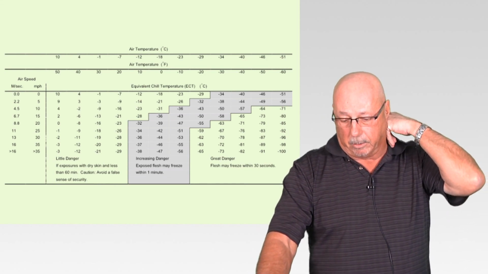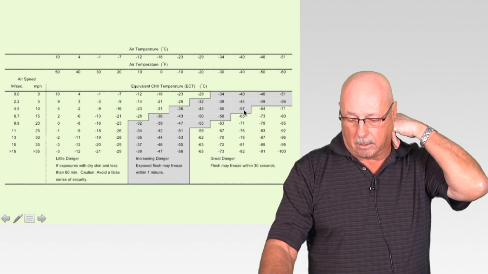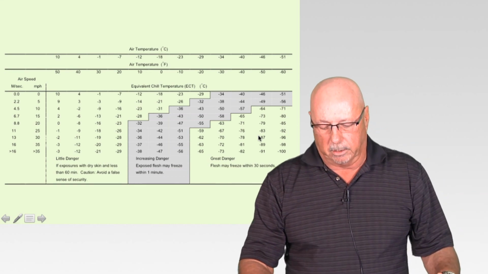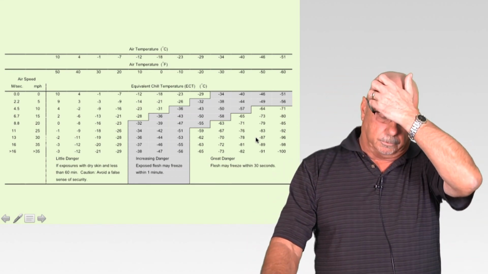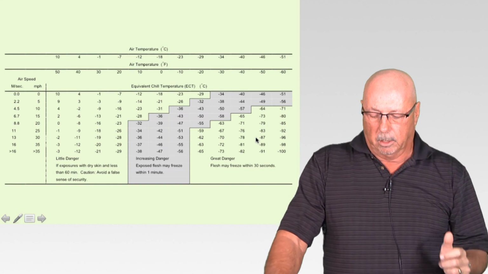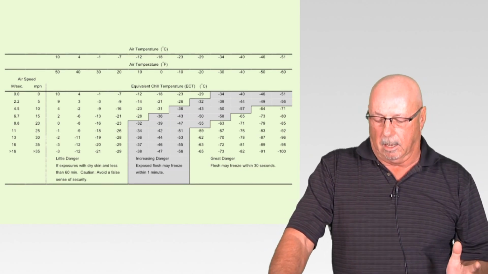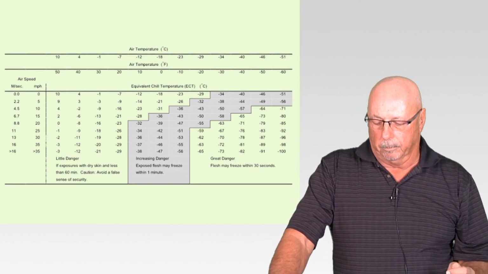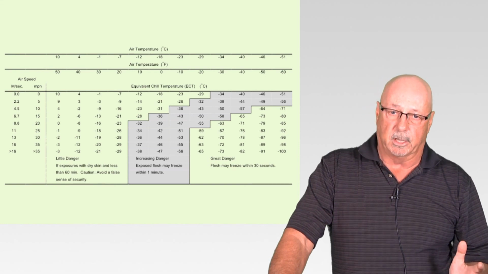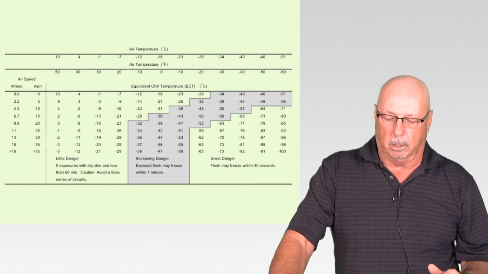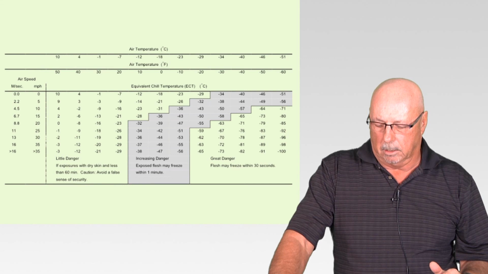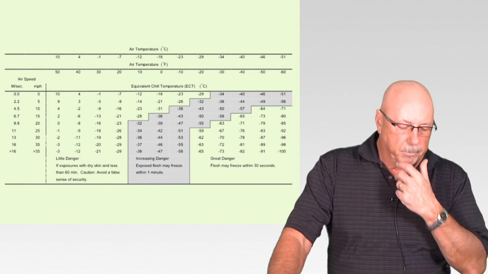And then finally up here in our largest, highest category, which gives us the greatest level of danger, you can see here, if you have exposed flesh greater than 30 seconds, you can begin developing damage to those areas of the body.